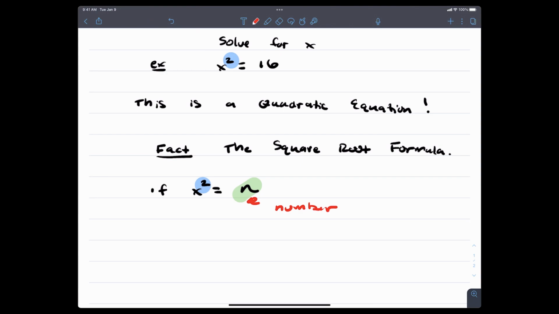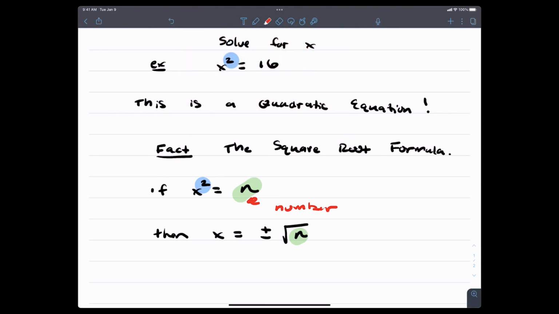So x squared equals a number here. If you have that, then you have x equals plus or minus the square root of the number.